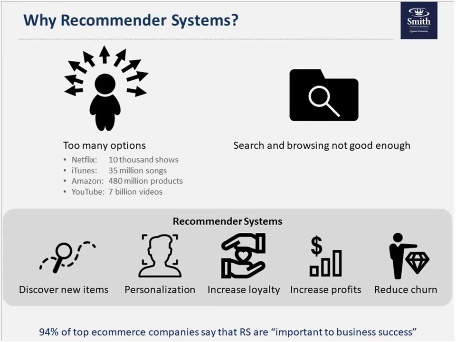So that's where recommender systems come in. Recommender systems provide a bunch of benefits. The first is they help users discover new items, so items that they didn't even know existed. Recommender systems can pop it up and show them that it exists. It gives a personalized experience to each user. So your Netflix homepage is going to be different than my Netflix homepage because we've watched different things in the past.